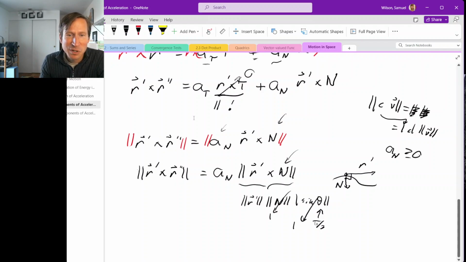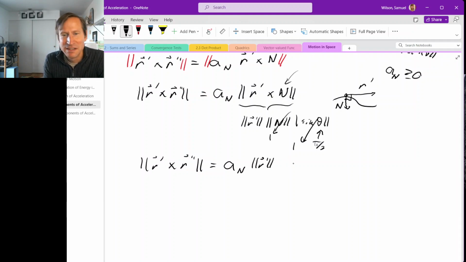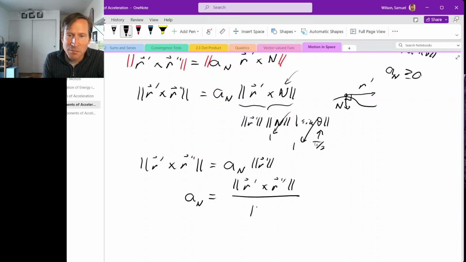So putting this all in our equation, we get the magnitude of r prime cross r double prime is the normal acceleration times the magnitude of r prime times 1. So finally we can solve for the normal acceleration. It's the magnitude of r prime cross r double prime over the magnitude of r prime.